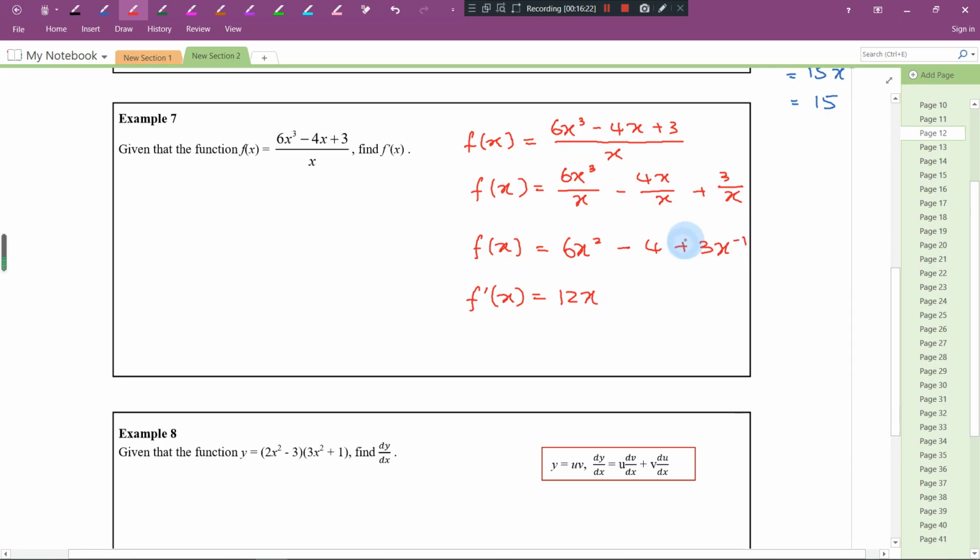Negative 1 times positive 3, you actually get negative 3, not positive 3, okay? x copy, and the power, you always need to minus 1. Negative 1 minus 1, you get negative 2. So let me change back to this form: 12x minus 3 over x squared. Okay, so this is the answer for this question.